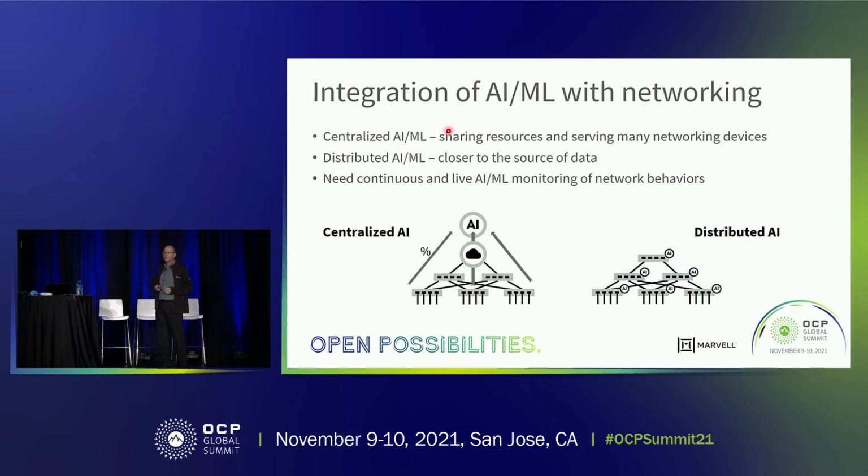After we talked a little bit about several of the use cases and what machine learning can bring to the network, let's discuss how to integrate it. One option is to have a big centralized AI engine, maybe even in the cloud. Alternatively, you can distribute the AI to each and every networking device. Centralizing the AI, of course, has many benefits.